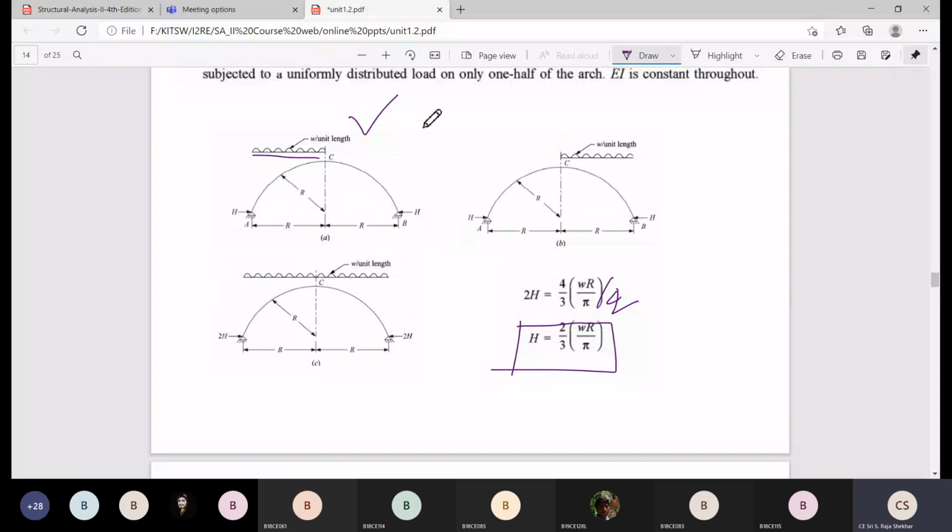So for the combined loading, the formula for the horizontal thrust is 2H is equal to 4 by 3 WR by pi. But we require only the H value, only the half portion, so divide by 2. We get H is equal to 2 by 3 W into R by pi.